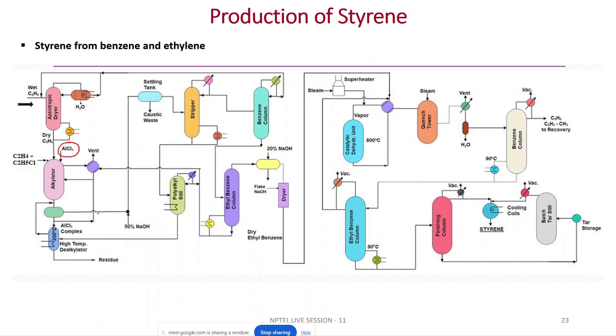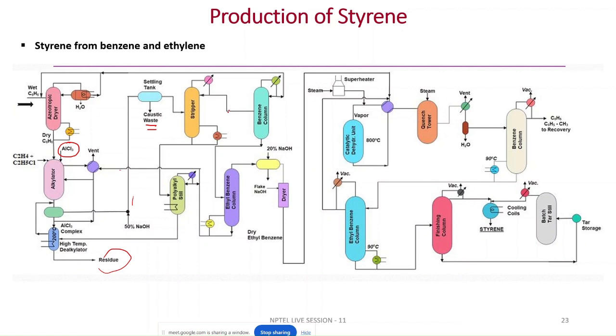The AlCl3 complex is recovered and can be recycled. After that, there is a high temperature dealkylation step, where the residue is collected and used at a later stage, whereas from this reactor the ethylbenzene is collected and, after heat exchange, sent to the next process, where 50% NaOH is used as a caustic wash.